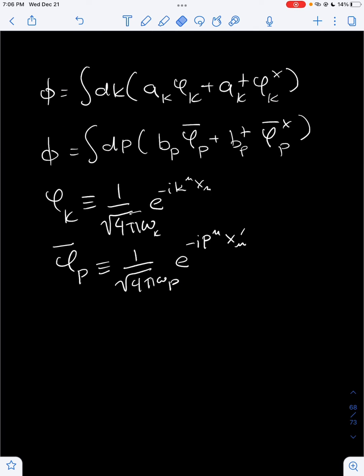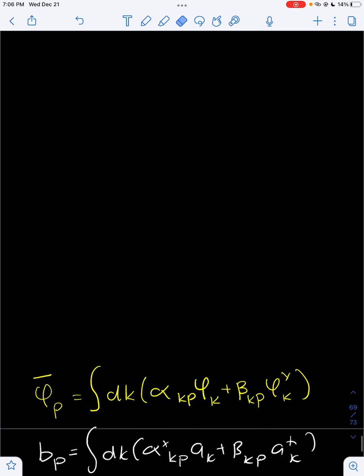So since our field can be decomposed into a different set of modes, that means that the modes themselves can be composed of each other, since we have a complete basis. So this means that we can write out the modes in B's frame in terms of the modes for A, scaled by some coefficients.